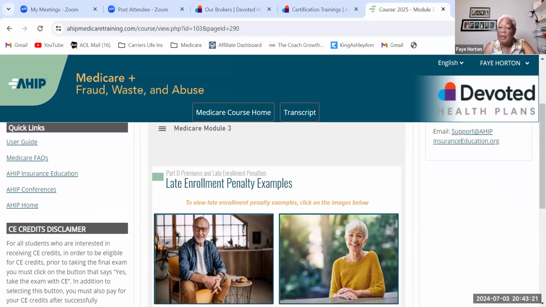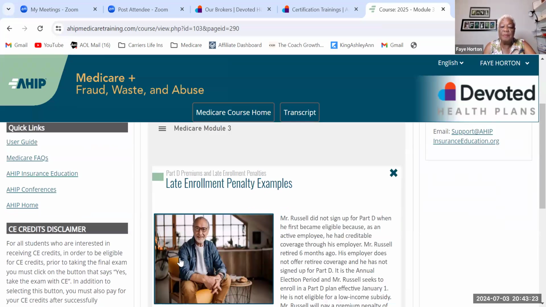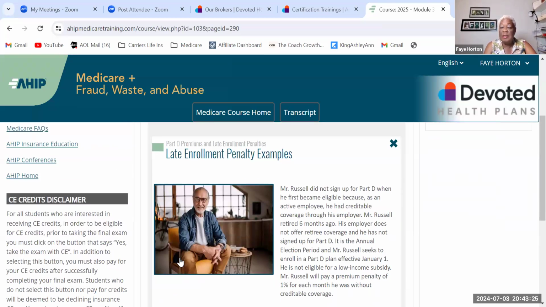Late enrollment penalty examples. Mr. Russell did not sign up for Part D when he first became eligible because, as an active employee, he had credible coverage through his employer. Mr. Russell retired 6 months ago.